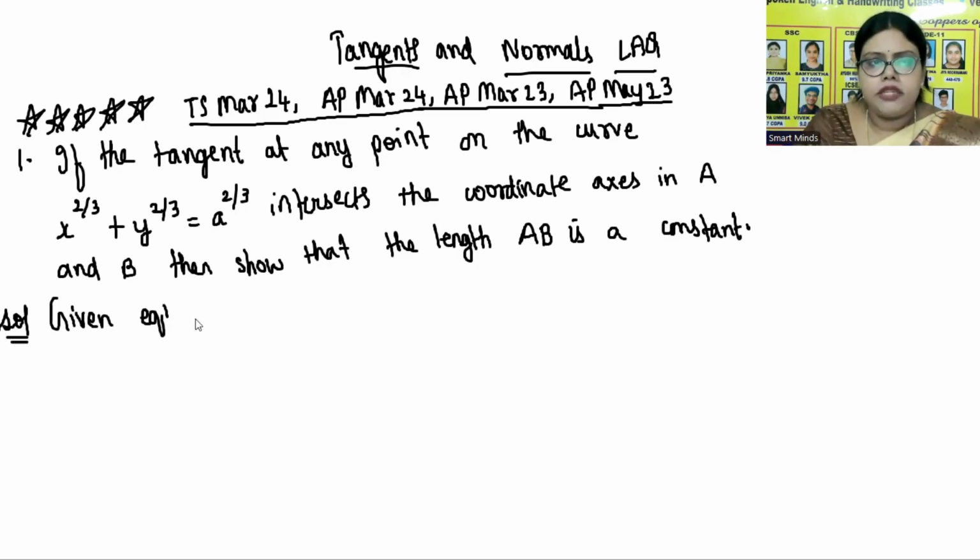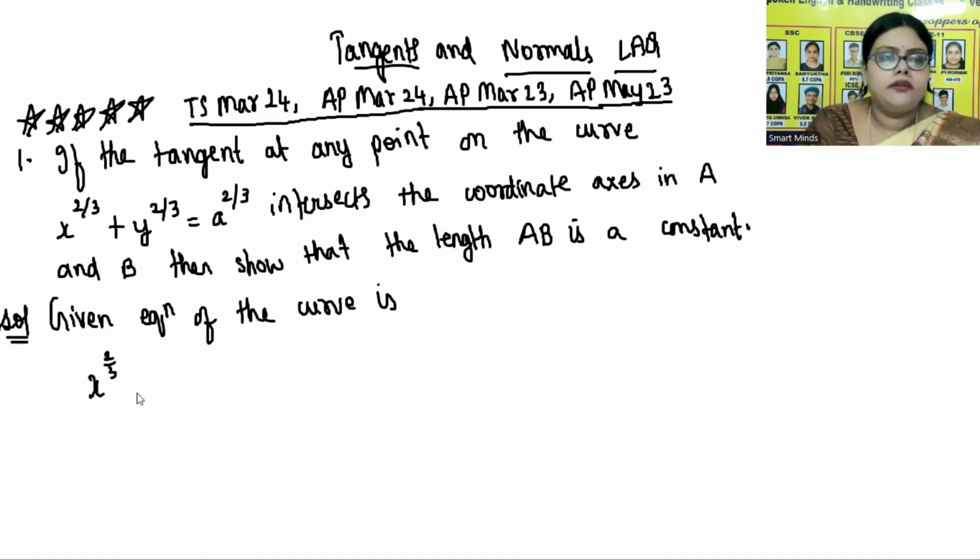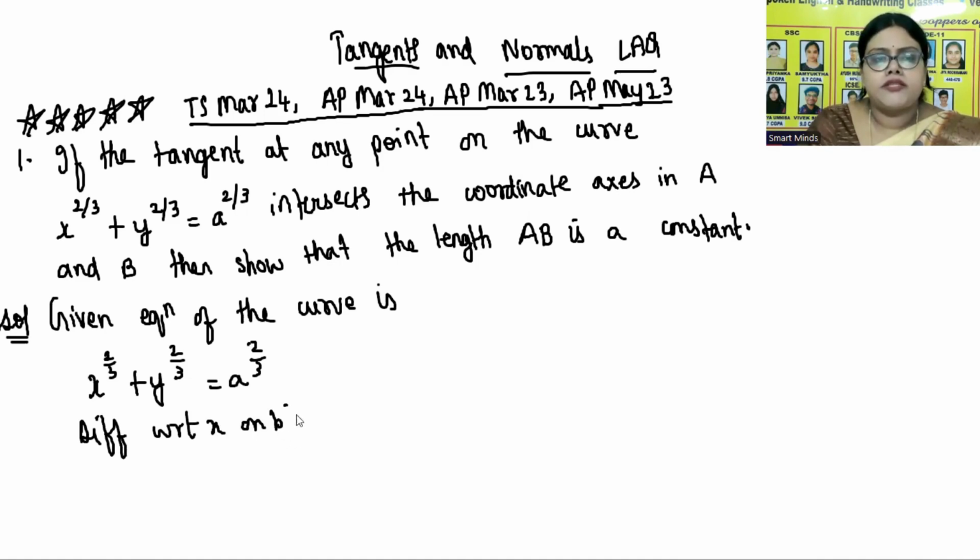What is the given equation of the curve? It is x power 2 by 3 plus y power 2 by 3 is equal to a power 2 by 3. Now we have to differentiate with respect to x on both sides.